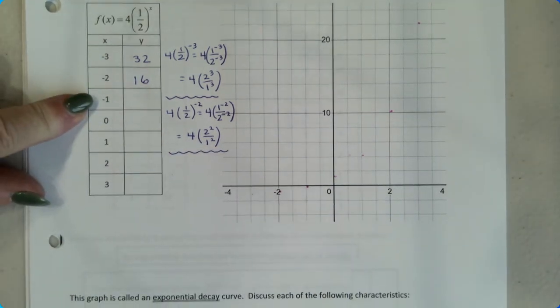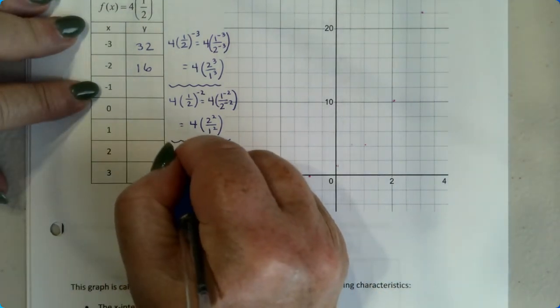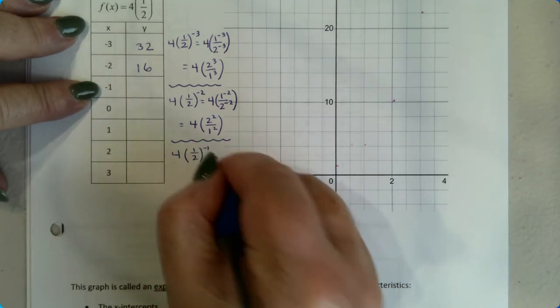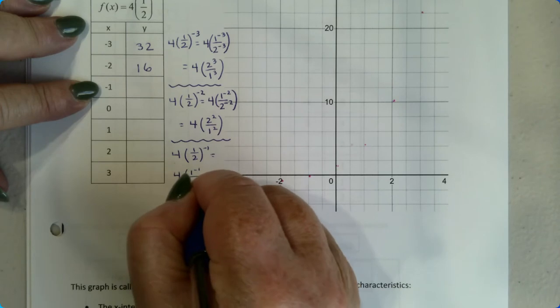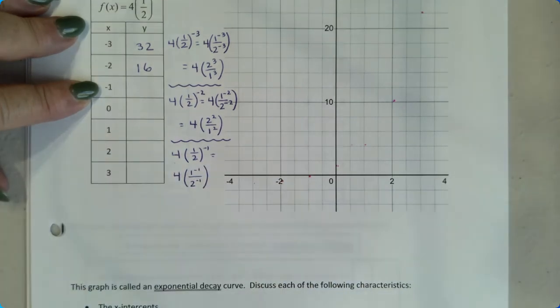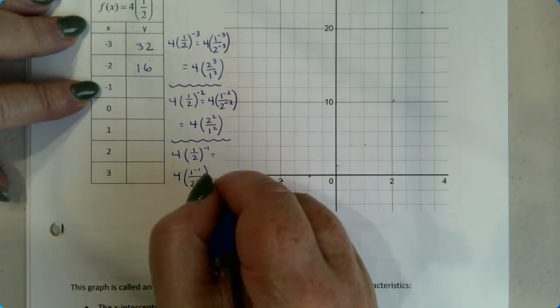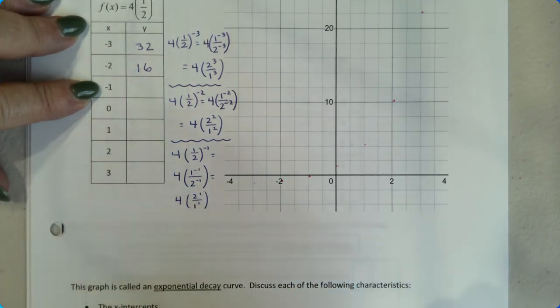All right, our exponential skills at work here. x is -1. 4 times 1/2 to the -1st would be 4 times 1 to the -1st over 2 to the -1st. And again, I'm going to have to move those across the fraction bar. 4 times 2 to the 1st over 1 to the 1st is 4 times 2, or 8.